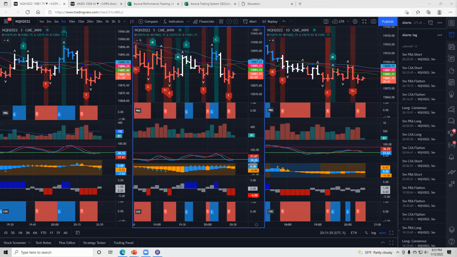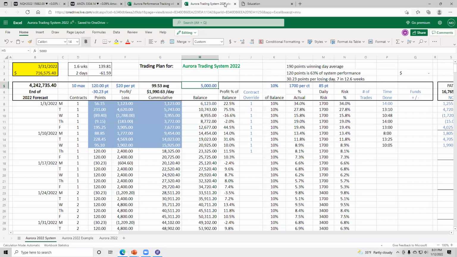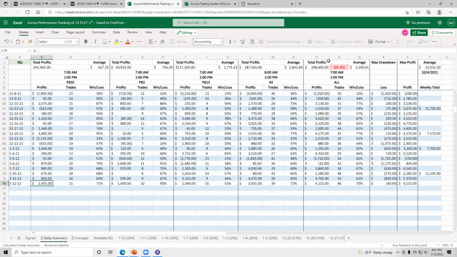Listen, 60 to 75 was very strong, excellent, and would satisfy most every trader. 150 gives you a lot of bandwidth, a lot of room for deciding when you want to trade, maybe skipping some trades and still perhaps finish 100, 120 points a day. You see that my trading plan on the personal trading plan is based on 120 points a day, even though the winning day average is 190 points. The overall average is just over 150 points.